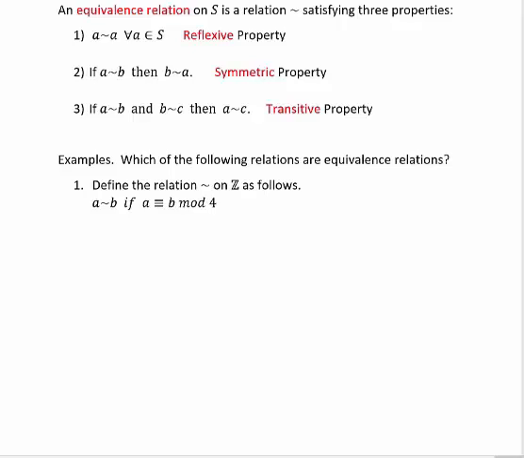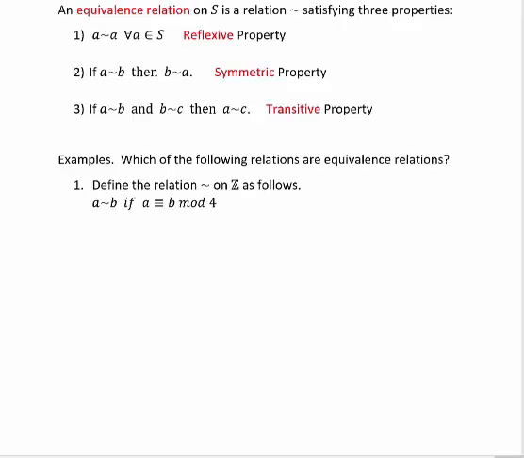An equivalence relation on S is a relation, in other words, a subset of S cross S, squiggle I'll call it, satisfying 3 properties. 1, A squiggle A, for all A in S. It is called the reflexive property.